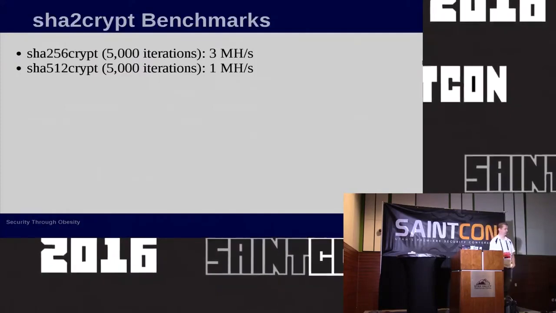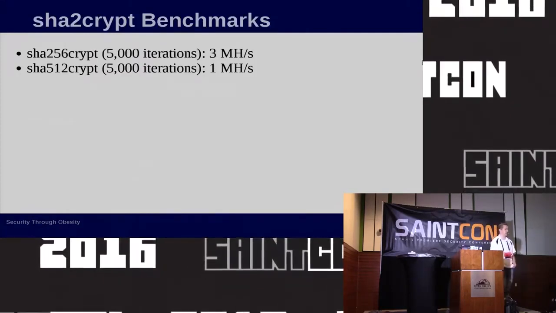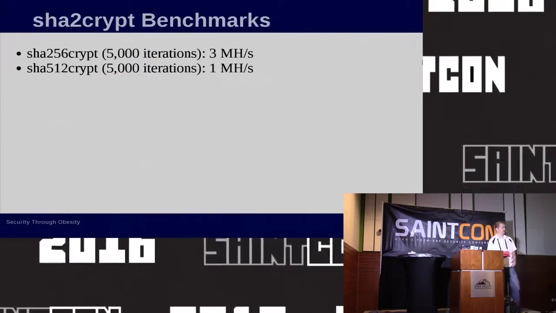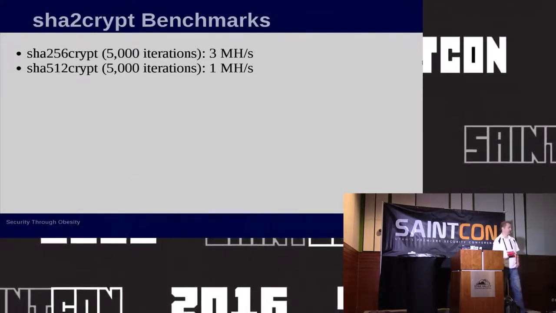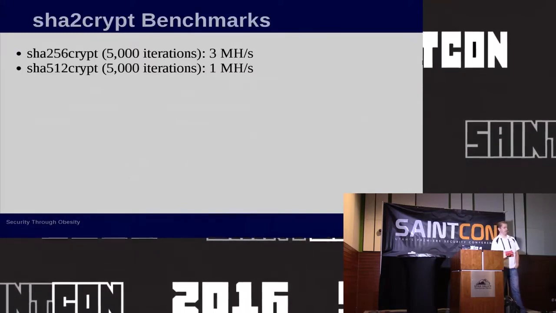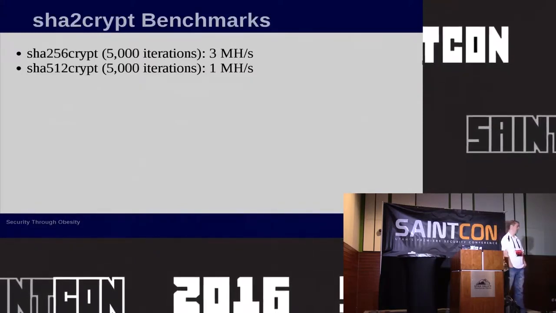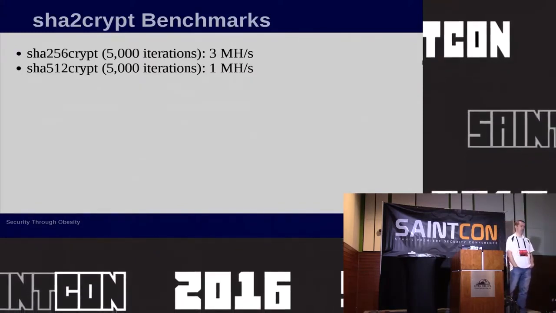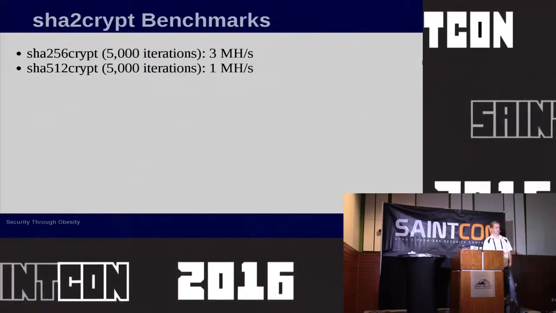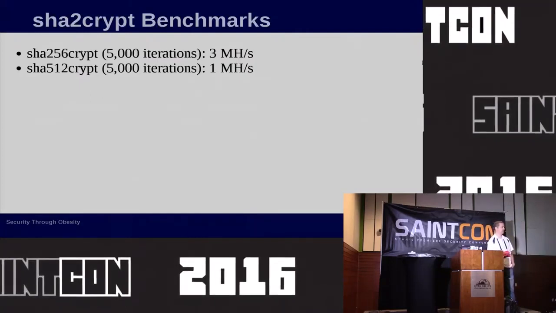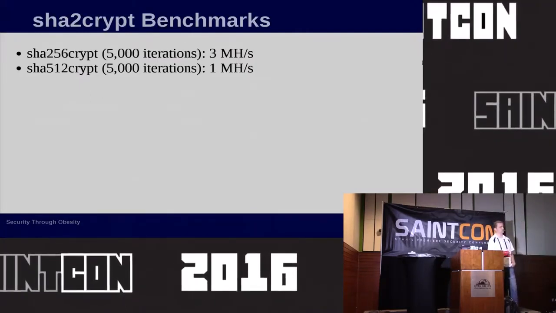SHA-512 is designed for 64-bit processors, where SHA-256 is designed for 32-bit processors. I'm guessing, but I don't know what hardware Jeremi Gosney had when he was running these benchmarks, but I'm guessing it was 32-bit hardware, which is why SHA-256 crypt is outperforming SHA-512 crypt by 3 times.